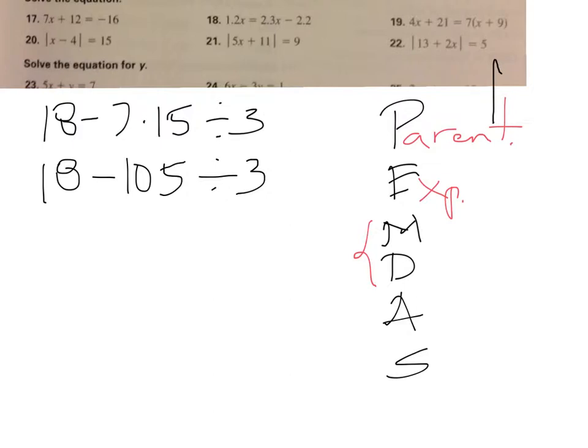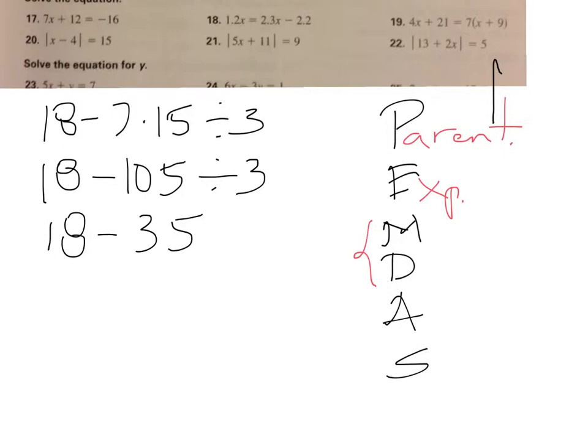Now, again, go back to the order of operations: multiplication and division, whatever comes first. We just did the multiplication, now I have to do the division. 105 divided by 3 is going to give you 35. So I need to rewrite this: 18 minus 105 divided by 3 is going to give me negative 35.